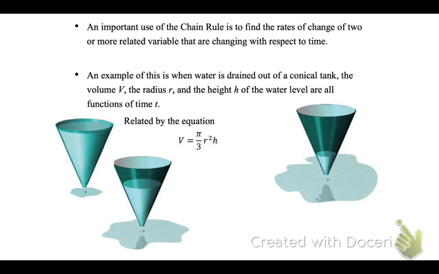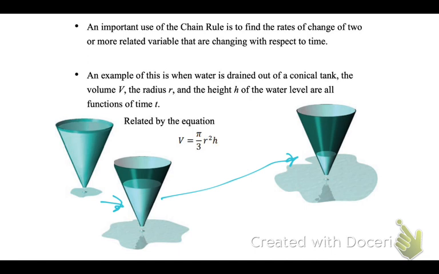So what this is, you see this cone. You see how it's full in the first picture? And then it's losing, and then it's losing more. So what things are changing? Time is changing. What else is changing? The amount of fullness, so the volume. The height of the water, the radius of the water changing.